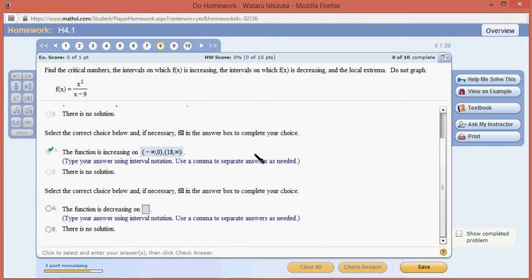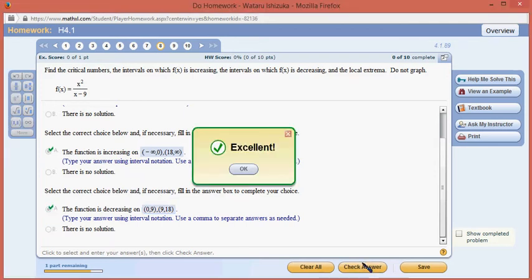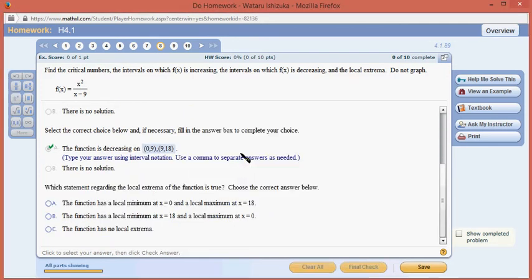So we got that. Decreasing on everything else, so from 0 to 9, remembering that 9 should be excluded, and 9 to 18. Let's check the answer. We got that. Which statement regarding the local extrema of the function is true?